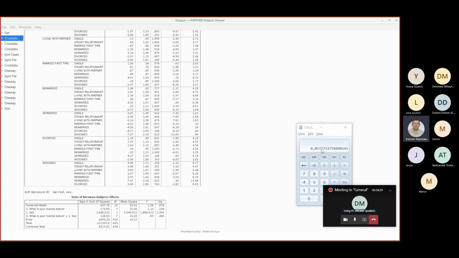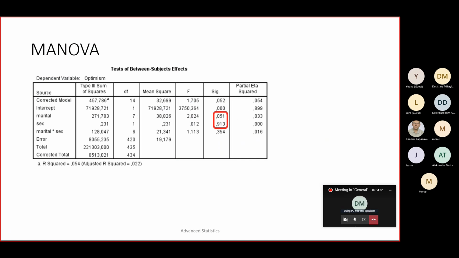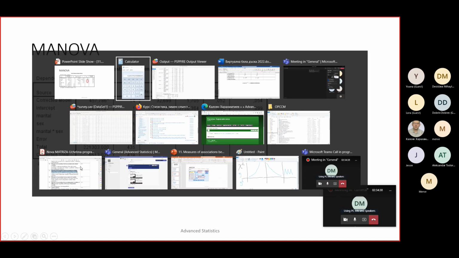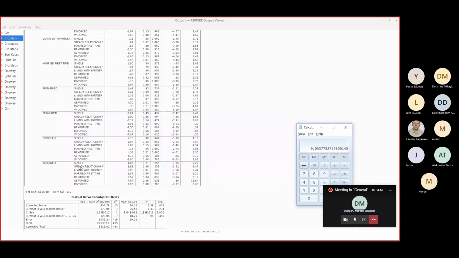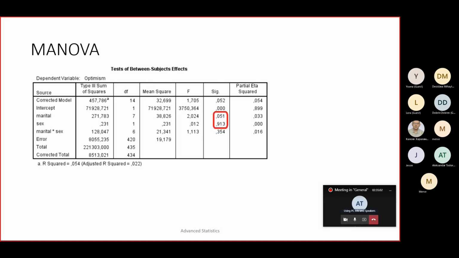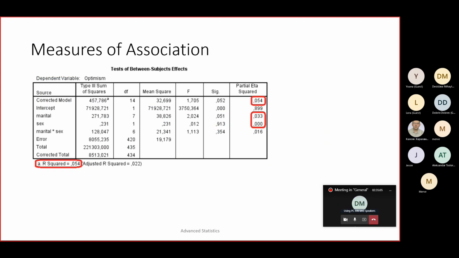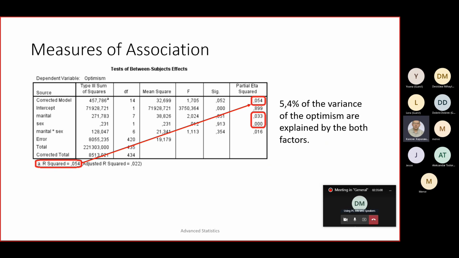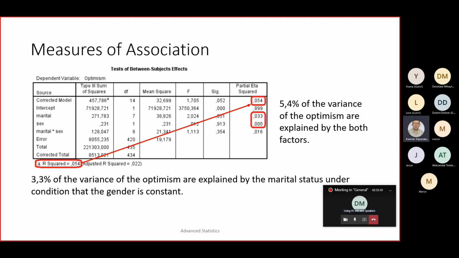I think this is the same in SPSS. Yes, this is the same, 5.4%. So 5.4% of the variance of the optimism is explained by the marital status and sex together. And this is the interpretation of the eta squared.